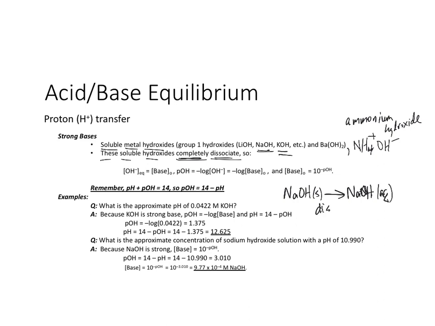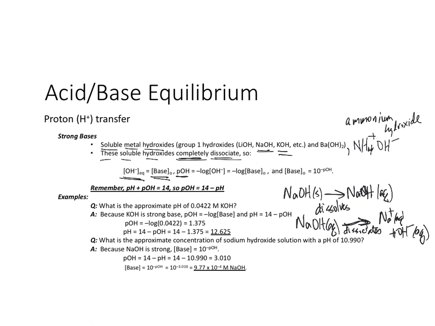It dissolves, and then the NaOH aqueous completely dissociates to Na plus aqueous and OH minus aqueous. And so what we have, all of that to say this, the equilibrium concentration of hydroxide is essentially the concentration of our base.